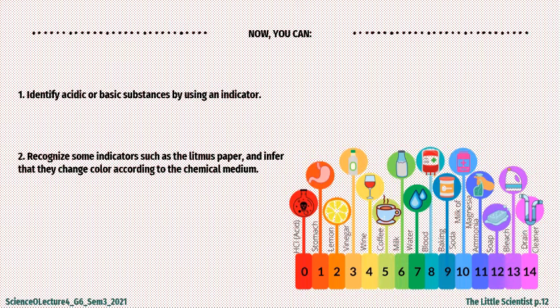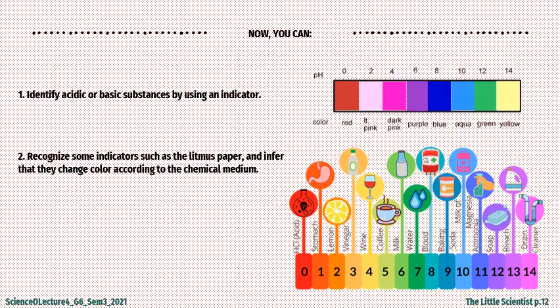Color indicators are used to identify if a solution is acidic or basic, since we cannot taste or touch them, as they are sometimes dangerous. These indicators change colors according to the type of solution used. Table salt is an example of familiar salts that we encounter every day.